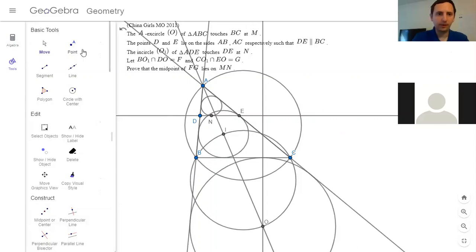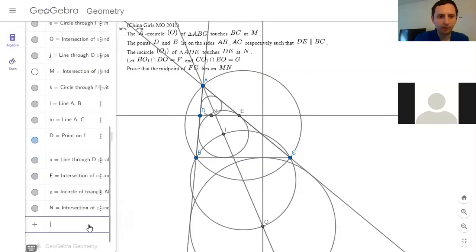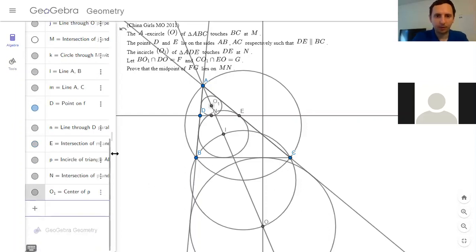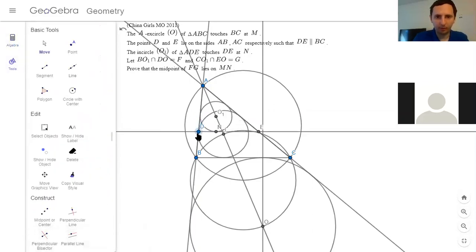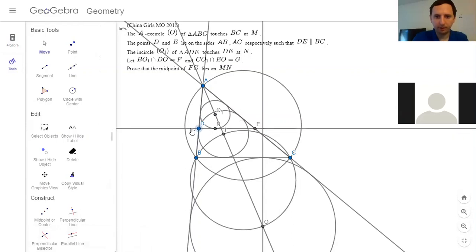So by homothety, basically A, N, and F. But I think they define F later, so I'm not going to do it right now. But A and N are collinear at this point. Let the center be O1. Yeah, I'm going to want to redraw this a little bit so that O1 is a little bit bigger.